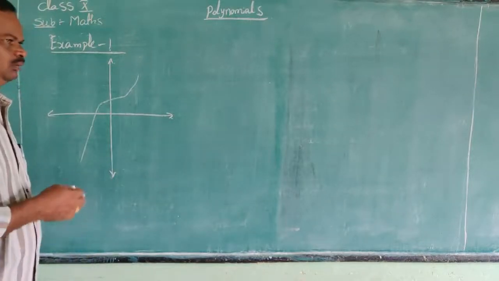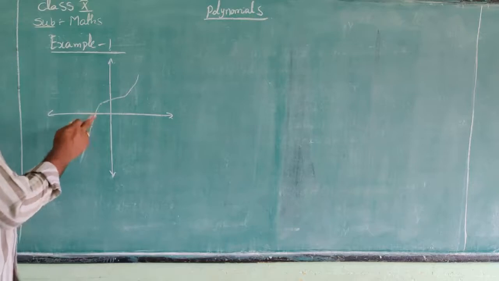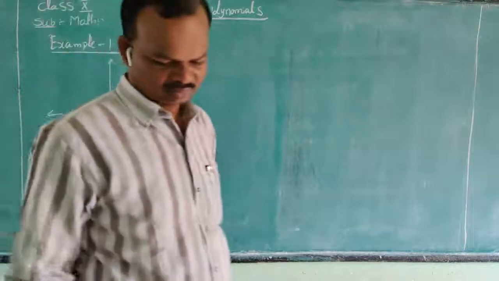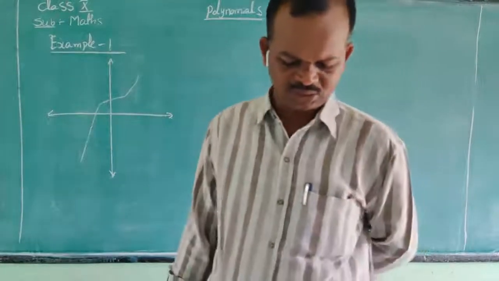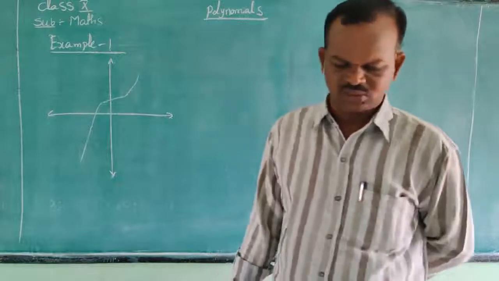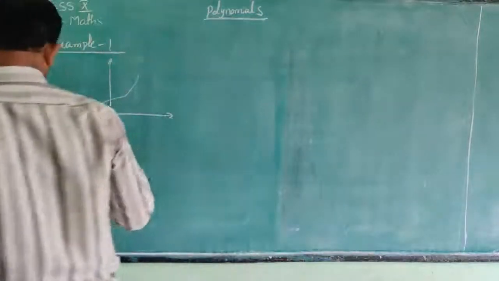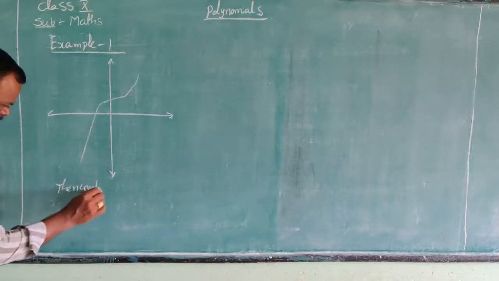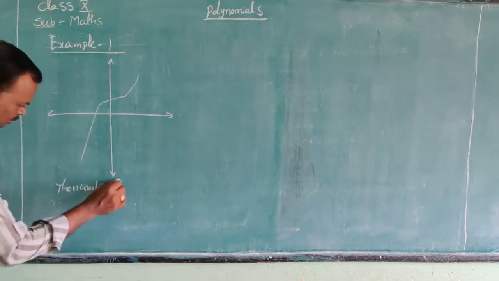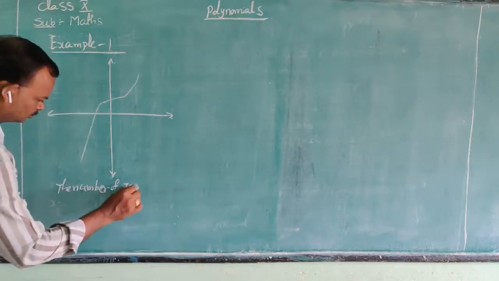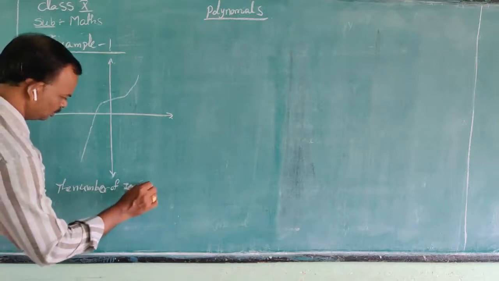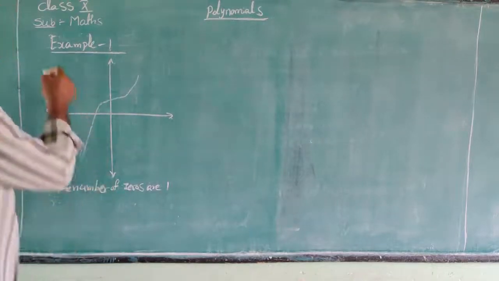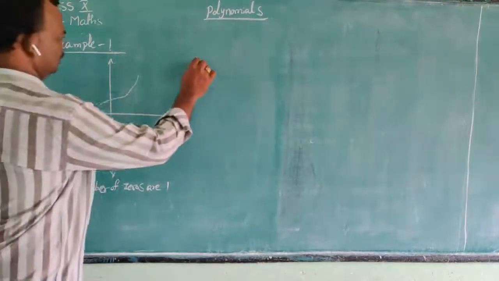Here the graph touches the x-axis at only one point. Therefore, the number of zeros is 1. The answer for the first one and the second one.